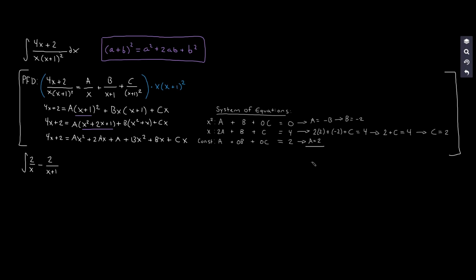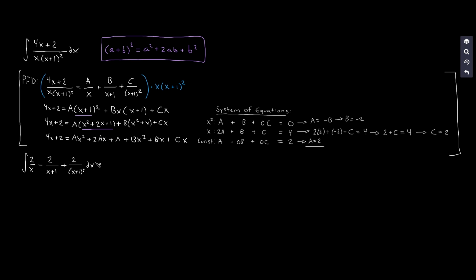And then c is 2, and so we'll plug that c back in up here, and that's going to be plus 2 over x plus 1 quantity squared, integration with respect to x.